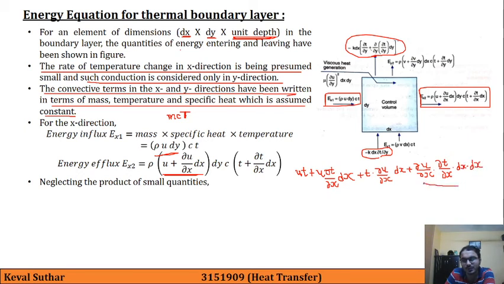So we are going to neglect this last term because it has all derivatives, so the final term will be very negligible. So we are only having these three.